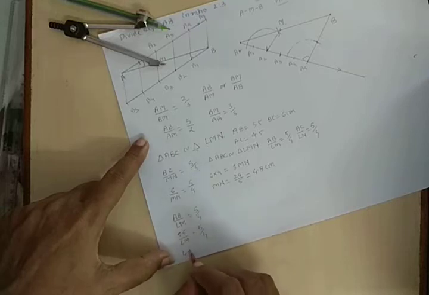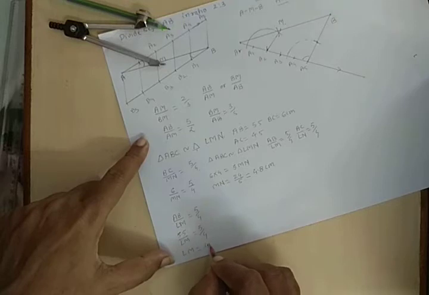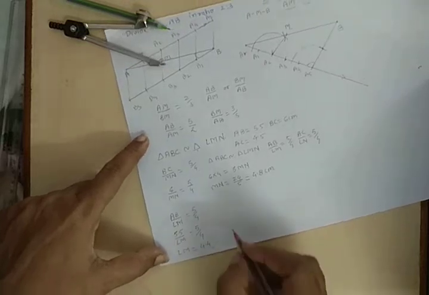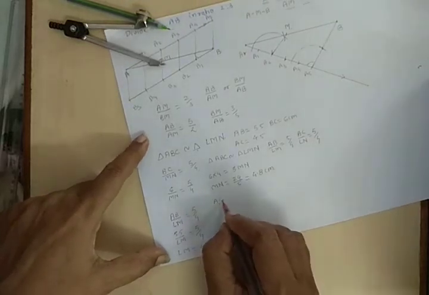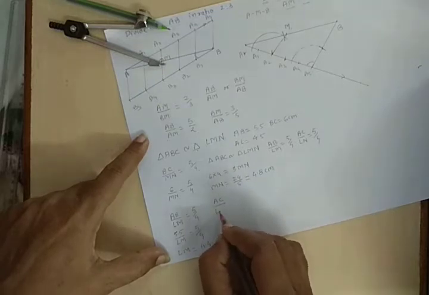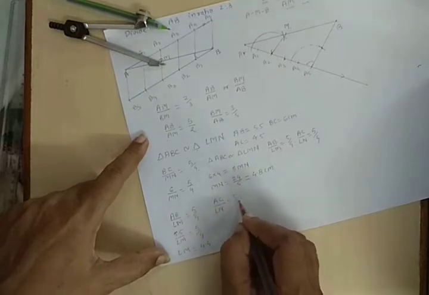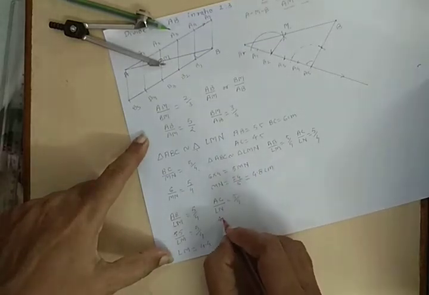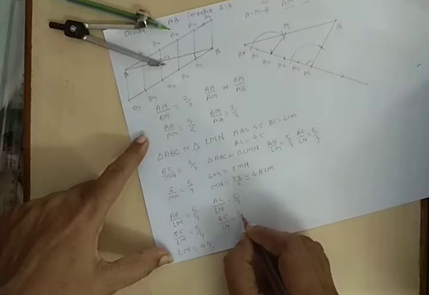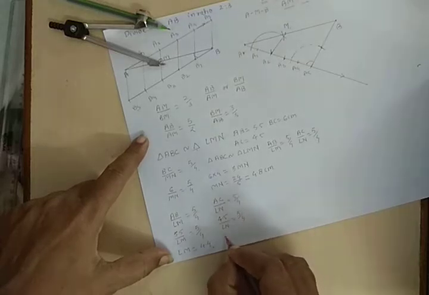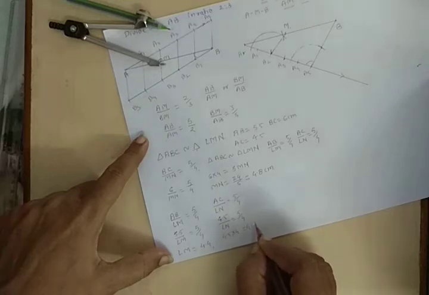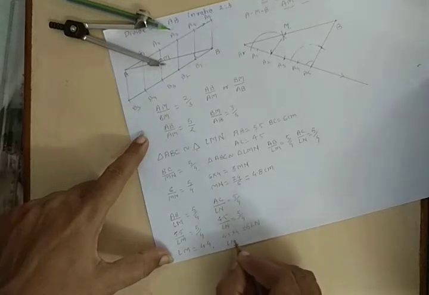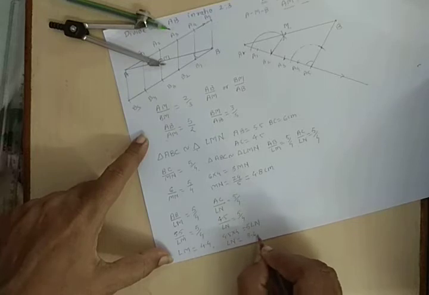Simplifying, we get LM is equal to 4.4, or AC upon LN is equal to 5/4, or again simplifying 4.5 upon LN is equal to 5 by 4. 4.5 into 4 is equal to 5 LN. LN is equal to 3.6.